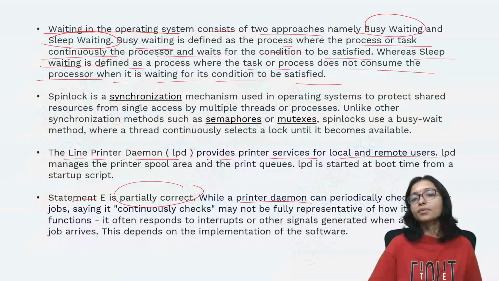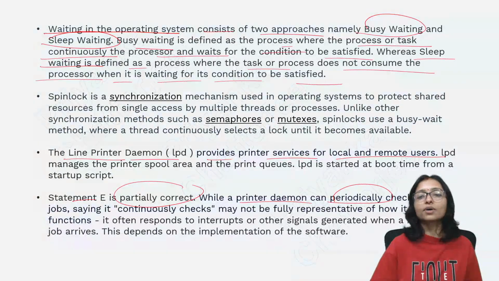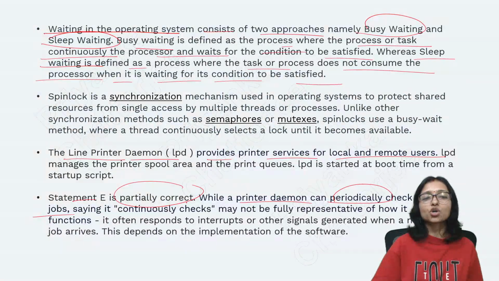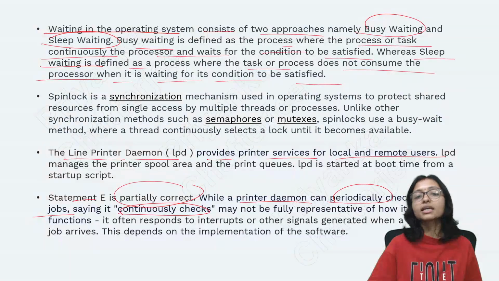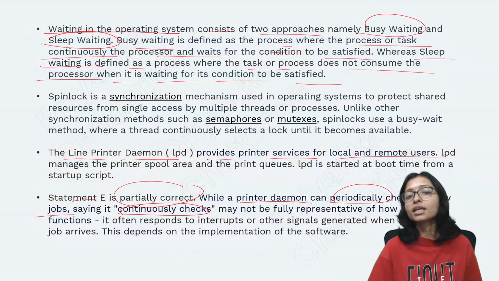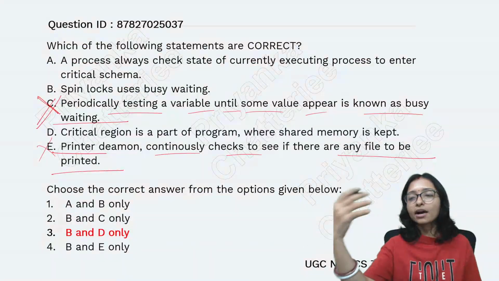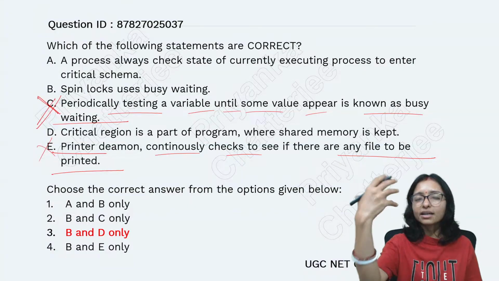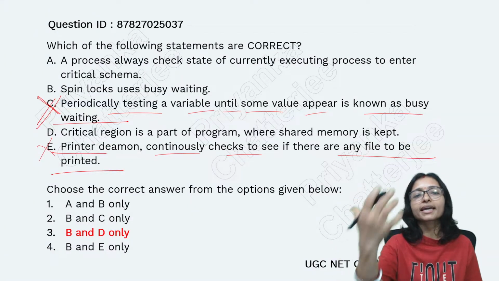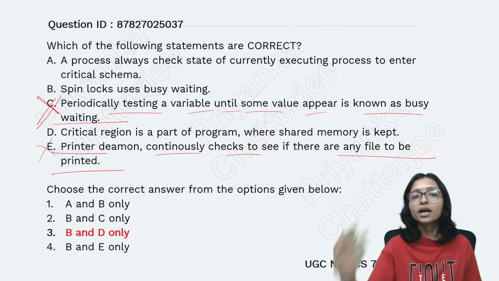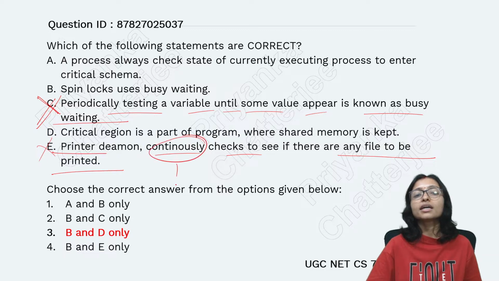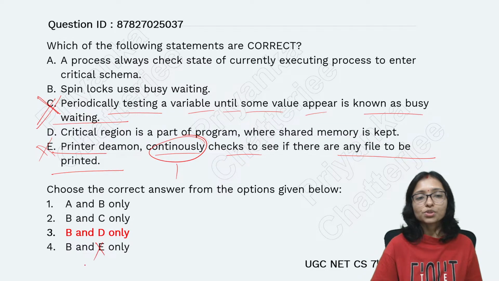While the printer daemon can check periodically, it is not checking continuously. That's why it is not fully correct. Periodically, after 10 milliseconds, it will check. Every time continuously it is not checking, it is checking periodically. That's why option E is also wrong.